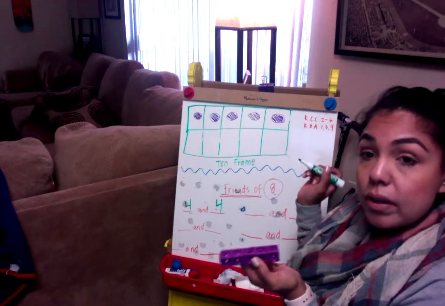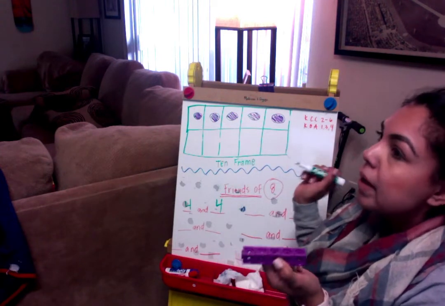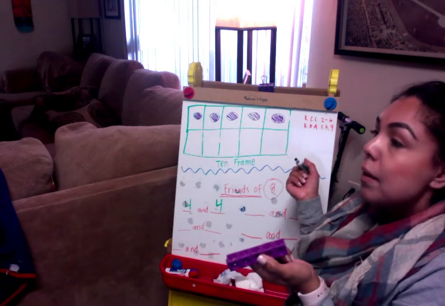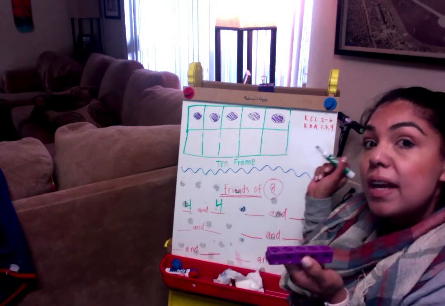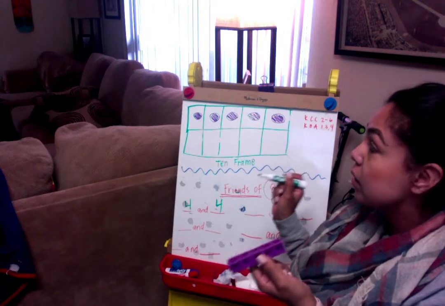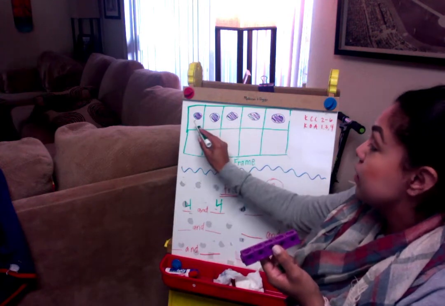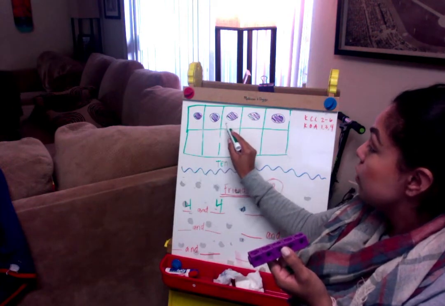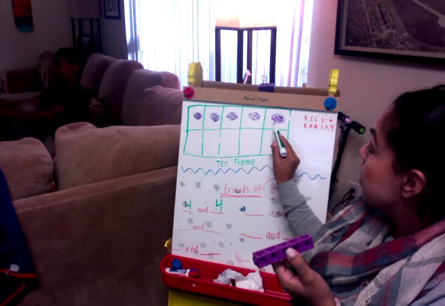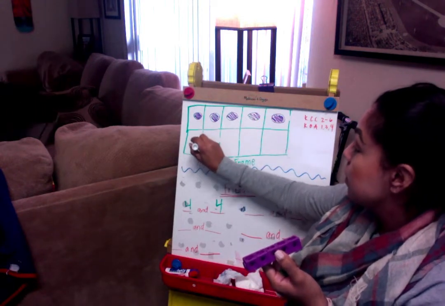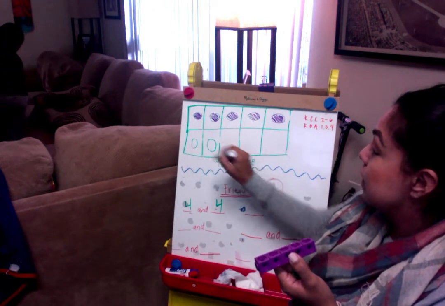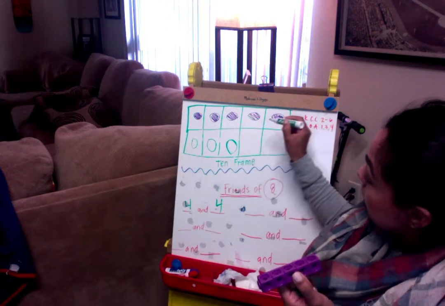And I will try to find out how many more I need. So let's count and count with me so I don't do too many circles on my 10 frame. Remember, I only want to go up to number 8. Okay, I only want to go to number 8. All right, so 1, 2, 3, 4, 5, 6, 7, and 8.